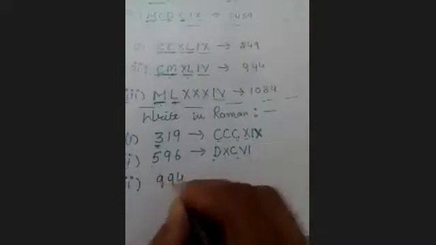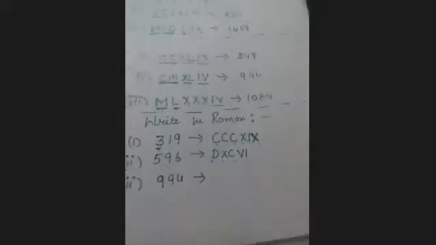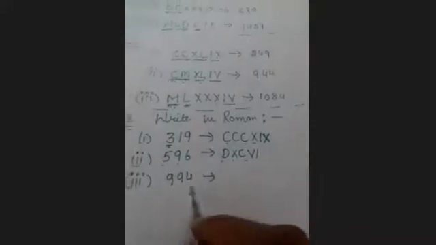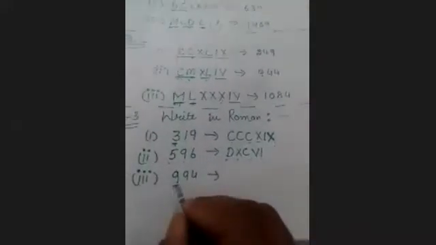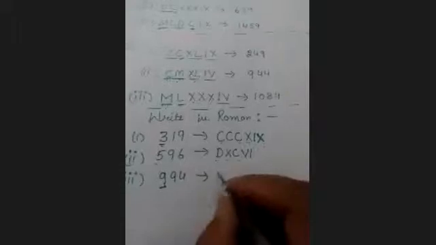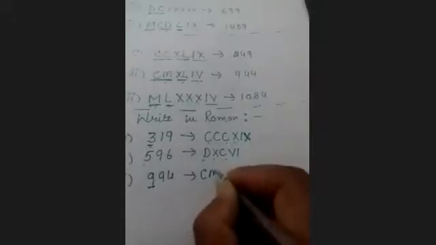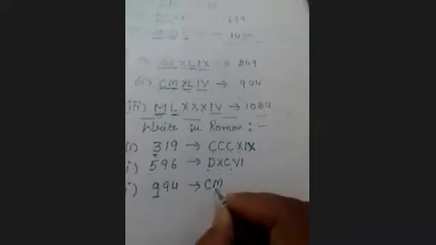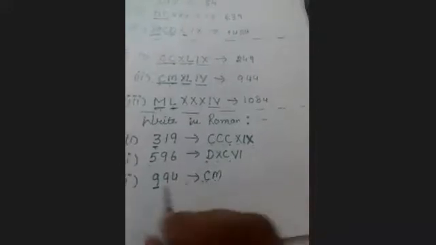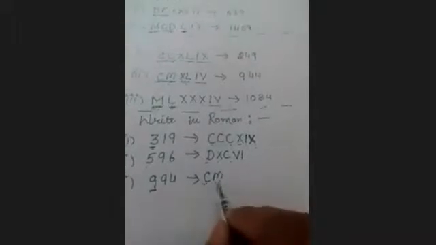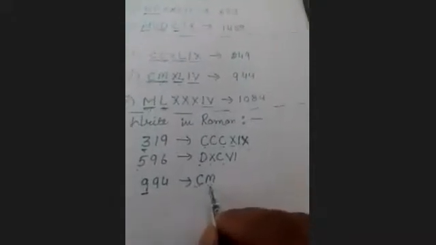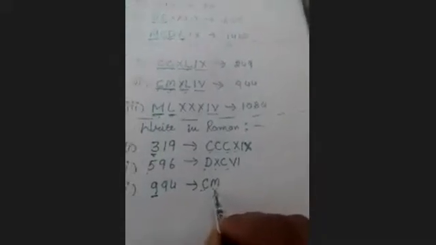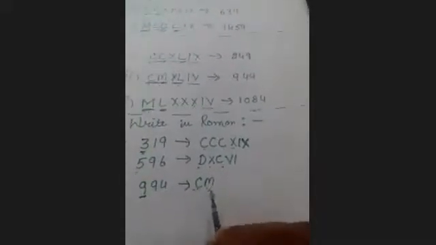Next is the third part: 994. First we write 900, which is CM. M means 1000 minus 100, 900.